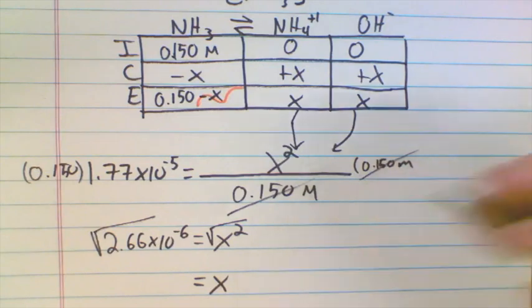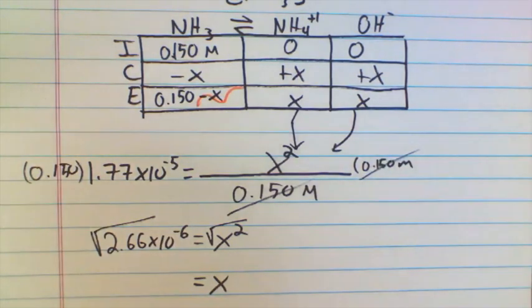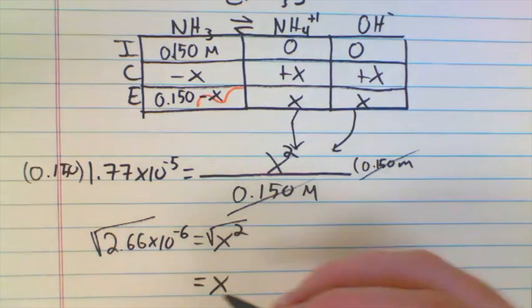Is it the negative fifth? Yeah, I think. Let me verify. I got negative 6 still. Yeah, just double check the calc. Just double check how you entered it in there.